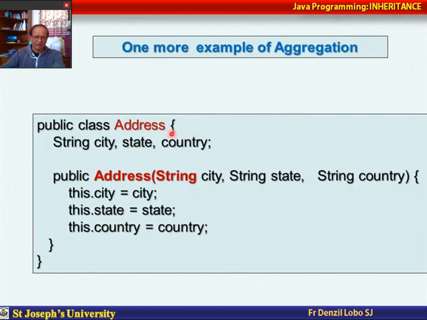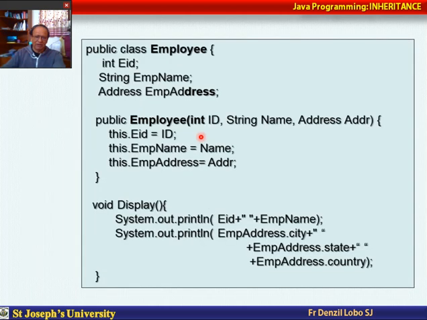So here you have address. This is the constructor of that address. I pass city, state, and country. These are the variables, and they get their values from this method, the address constructor.